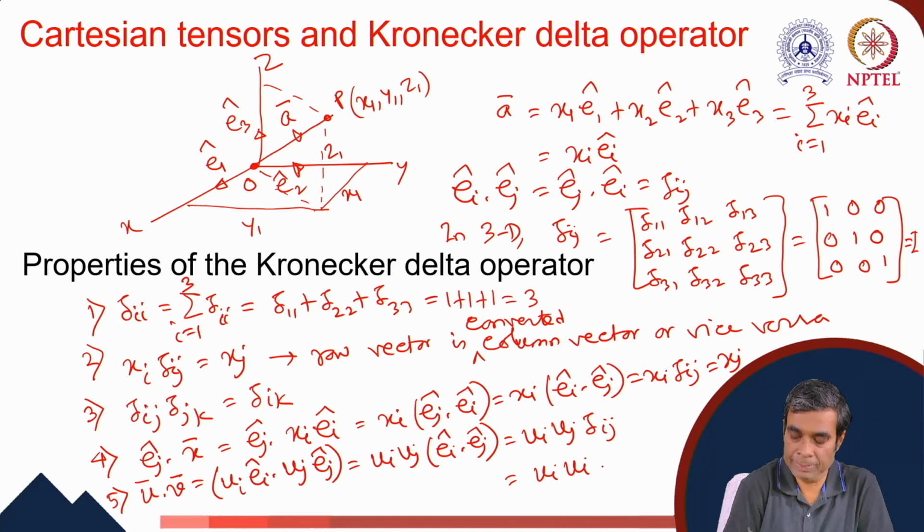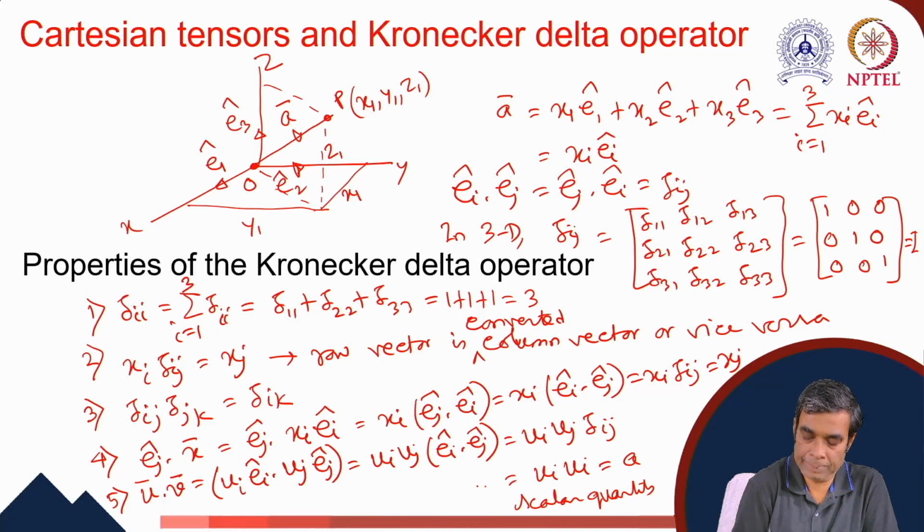So this ultimately gives us a scalar quantity. This gives us u square plus v square plus w square if u bar equals v bar.